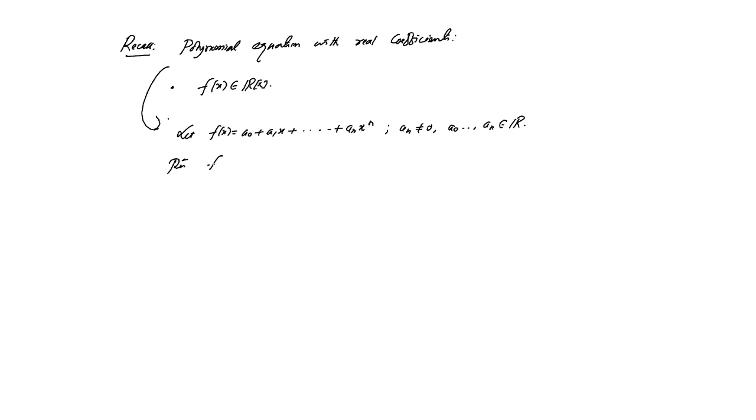Then f(x) equals 0, where the coefficients are all real numbers, is called a polynomial equation of degree n with real coefficients.